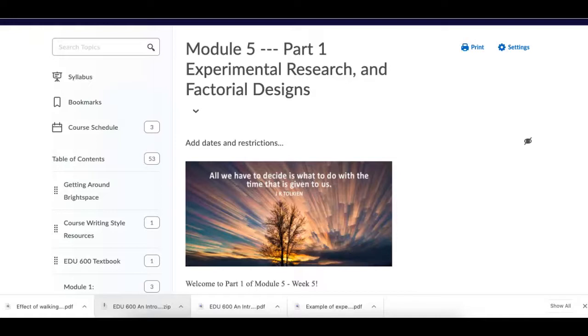I'm going to give you a preview of the materials we have this week. To set the stage, what we're going to be looking at this week in the text and the materials I'm providing is experimental research. For many of you, especially those in the educational world, this may be a typical type of research that you're familiar with.